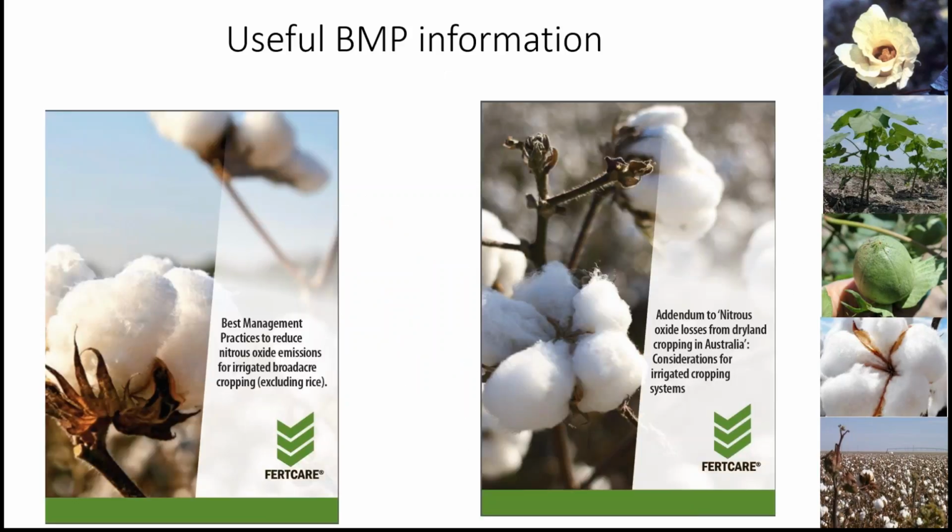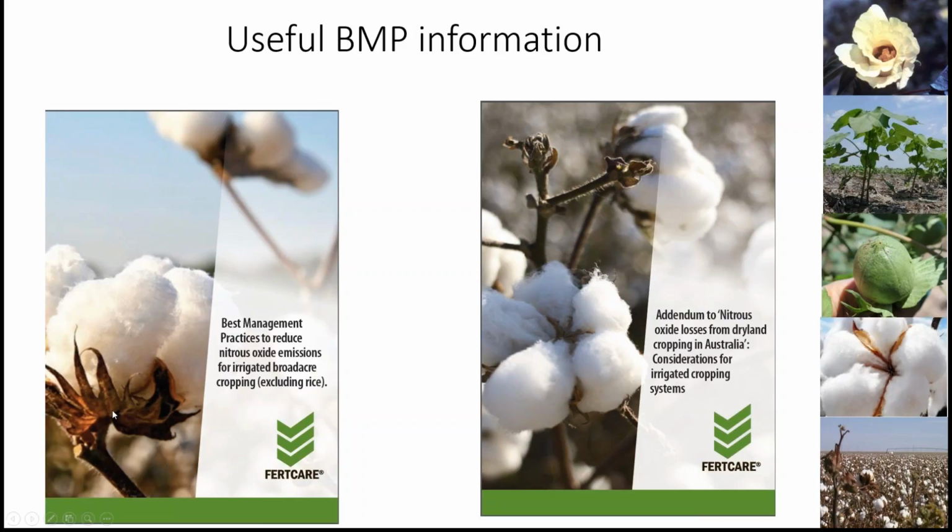As far as where to get more information on this, obviously there's quite a bit of information in the CottonInfo material, but also the fertiliser industry have recently produced some best management practices, available from the website, including for nitrous oxide emissions from broadacre cropping, which includes cotton.